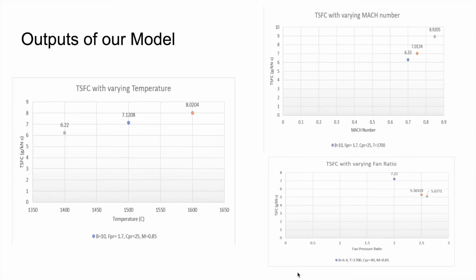Moving on to slide 5, we can see different graphs of our results. The first graph shows the thrust specific fuel consumption with varying temperature, and the graphs on the right show the thrust specific fuel consumption with varying Mach numbers and varying fan pressure ratios, which gives the lowest as 5.0771, as said on the previous slide. Going through slide 6, we can see a few recommendations by our team.